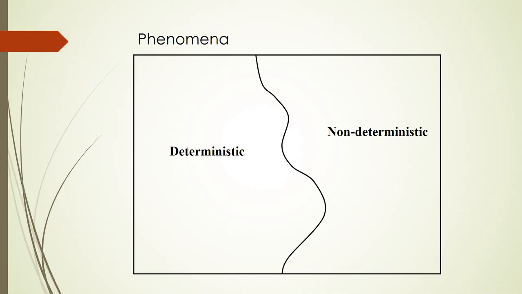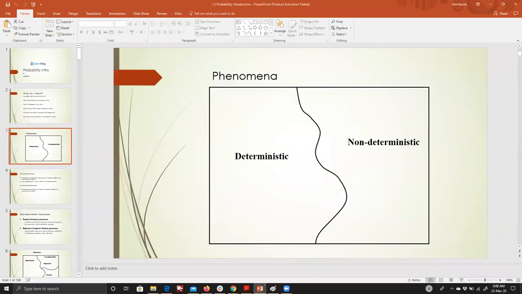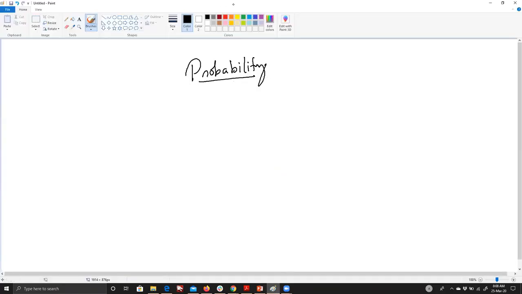Okay, which can be fully determined. Let me go to paint for this. If you remember from yesterday, I gave you the equation mx plus c, which is equivalent to y. If m is given, x is given, and c is given, the y value is fully determinable, right?